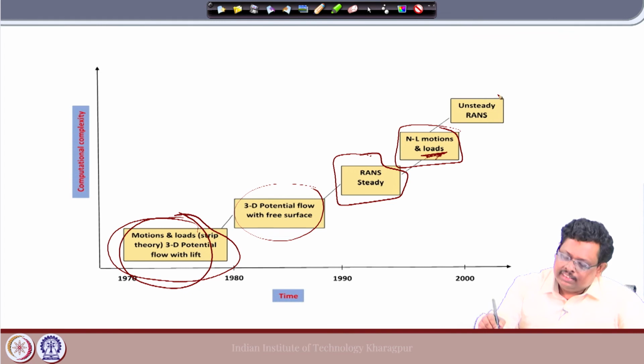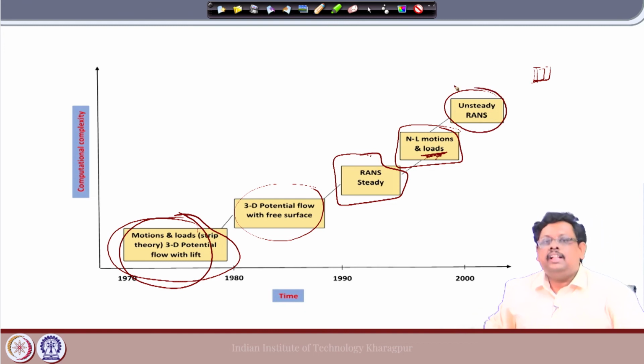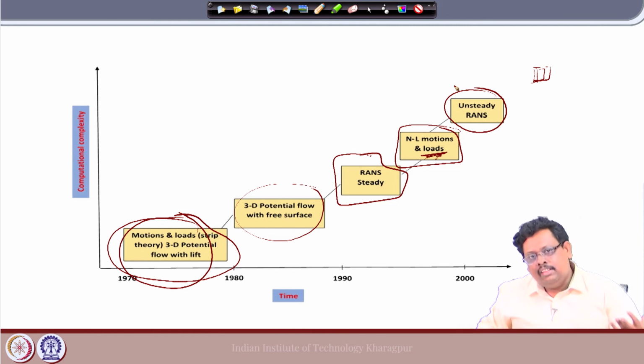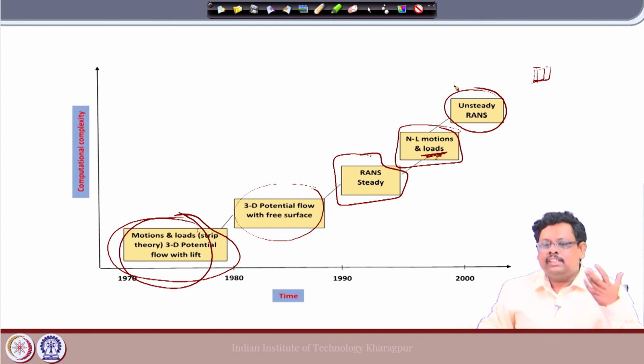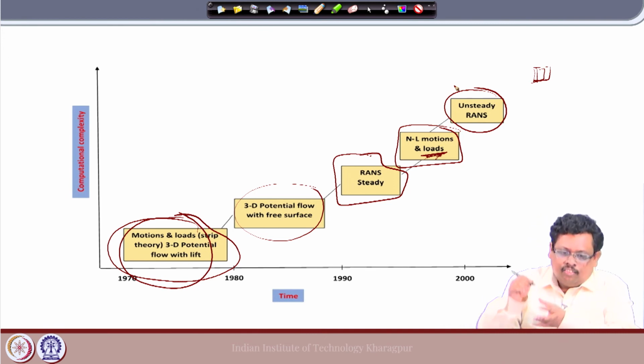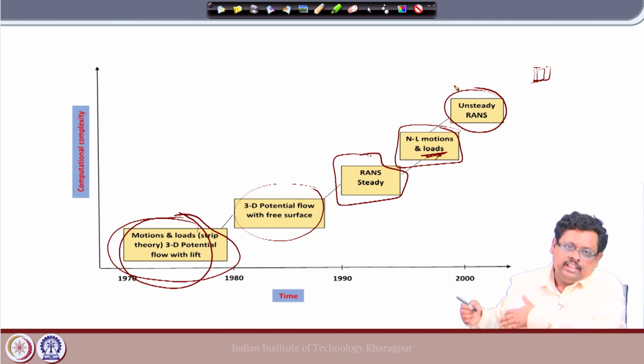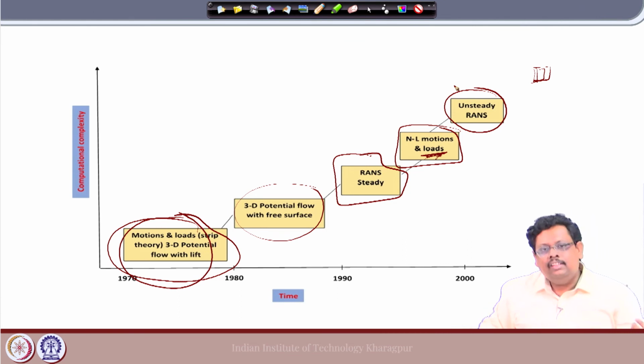And finally, as I said, our ultimate aim is to achieve the unsteady RANS solution, which means we consider everything. We consider that our ship is moving with acceleration, we consider that waves are non-linear, and we consider all the other waves created by the ship, which are also non-linear.